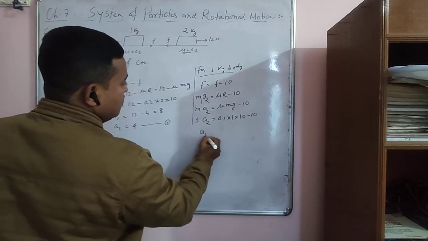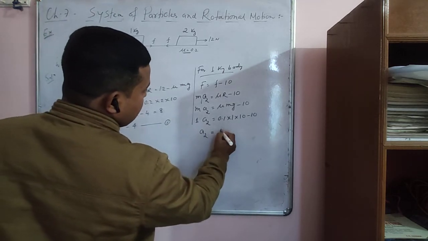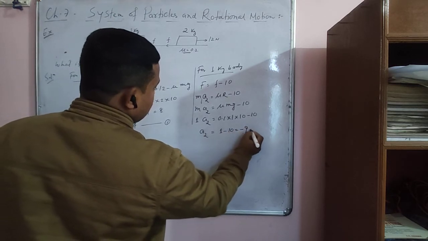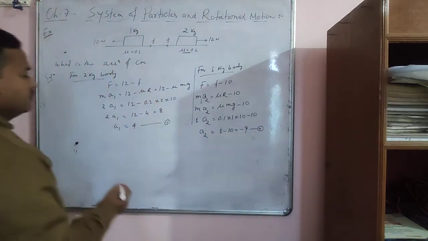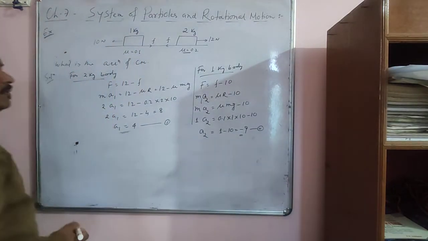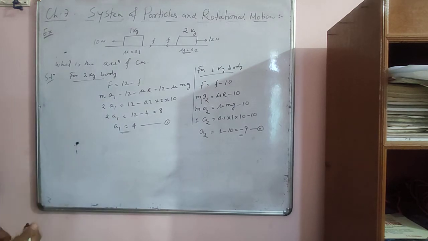So a2 is 1 minus 10, that is minus 9. So we got the values of acceleration: a1 is 4, a2 is minus 9.